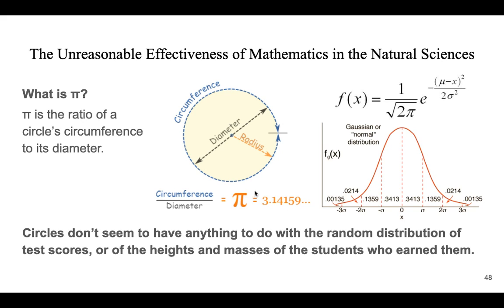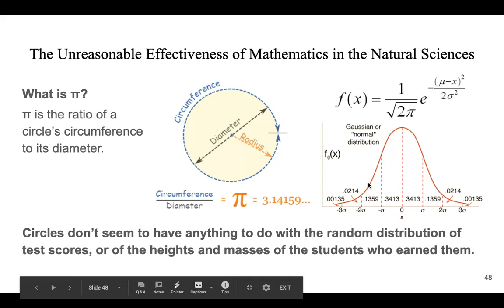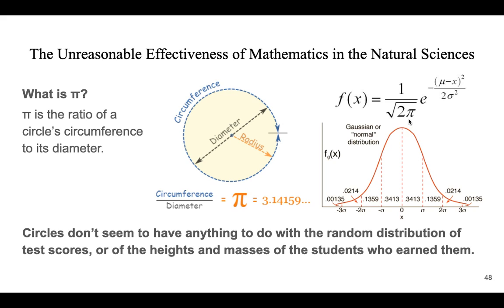So the very strange thing is circles and their circumferences and diameters don't really have anything to do with the random distribution of test scores. And yet, for some reason, pi shows up in this formula. It's very, very strange. Pi does this all the time in math. You'll be doing something that has nothing to do with circles, and eventually the math will lead you back to pi. It's just weird. It's bizarre. It's unreasonable.